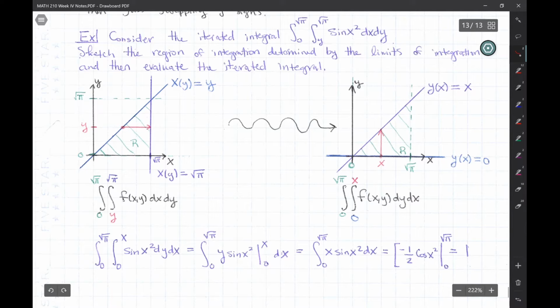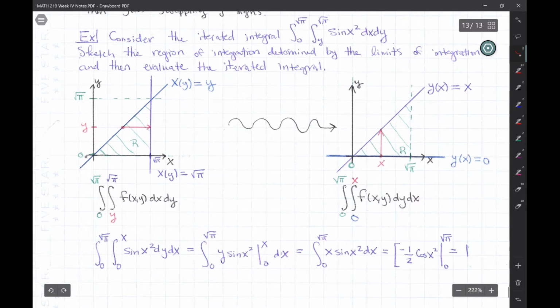Throw a y there. And where do I integrate x for that fixed y? I integrate x from x equals y, whatever y I fixed. It's going to be along this line. Here's the function x of y, right? We're thinking about this as a region that's described by functions of y.